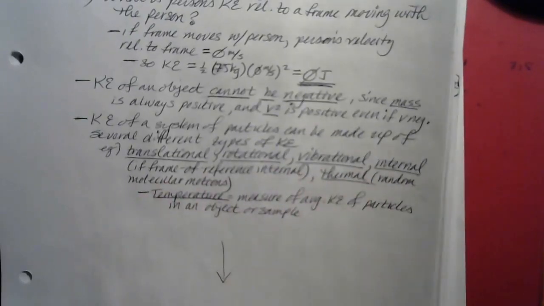And so that would be thermal energy. And in fact, temperature is related to that, because temperature is just a measure of the average kinetic energy of the particles in a sample or an object. And so the more the sample heats up, the more thermal energy the particles have, and the higher the temperature becomes.